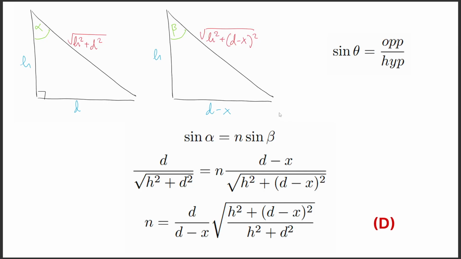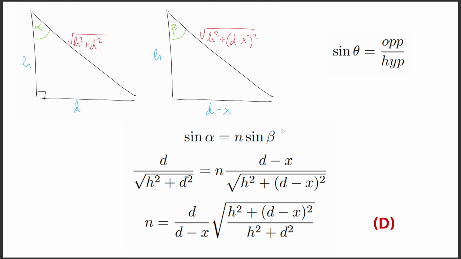So back to sine alpha equals n sine beta. We know that sine theta is opposite over hypotenuse, so the opposite of alpha is d, and the hypotenuse of alpha is the square root of h squared plus d squared, so it is like this.